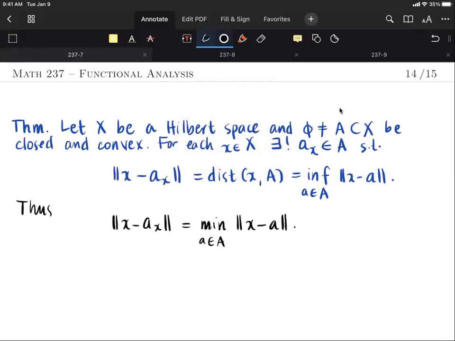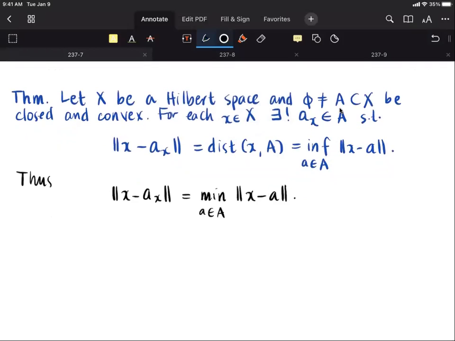Moreover, what if your point x is in A? Then A_x is also in A, or I should say A_x is equal to x.